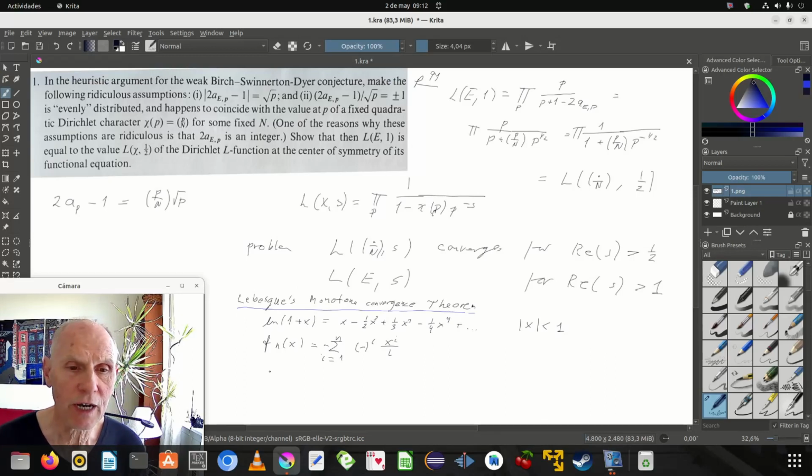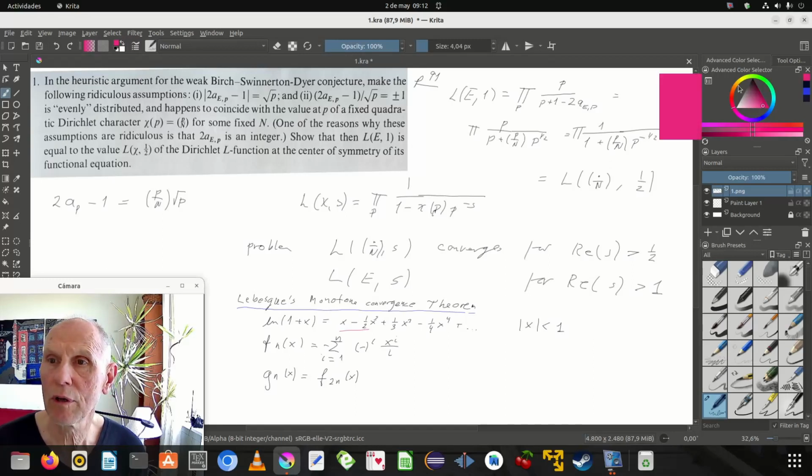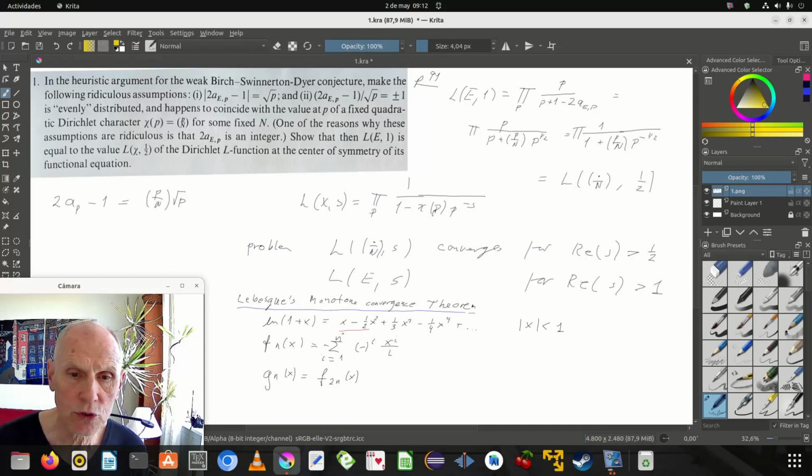But if we take the even ones, let g_n of x be f of 2n of x, then g_1 is the sum of these two, g_2 is the sum of these four, and I claim that in some neighborhood of unity, they are a monotonely increasing series.